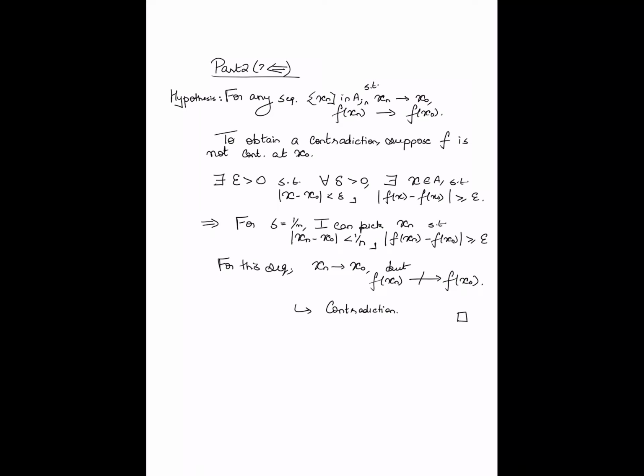So before we do examples, I want to give you a couple of quick definitions. If f is continuous at all x which is in some subset S of the domain, we say f is continuous on S. Similarly, if f is continuous at every point in the domain, we just say f is continuous.